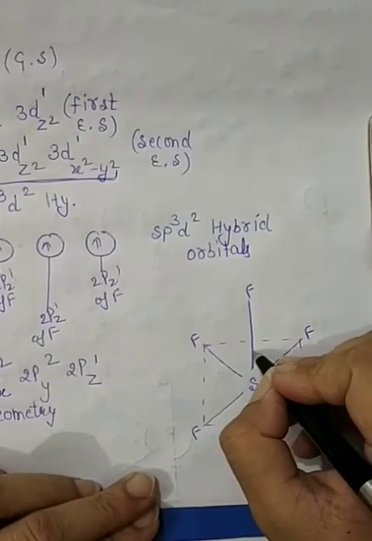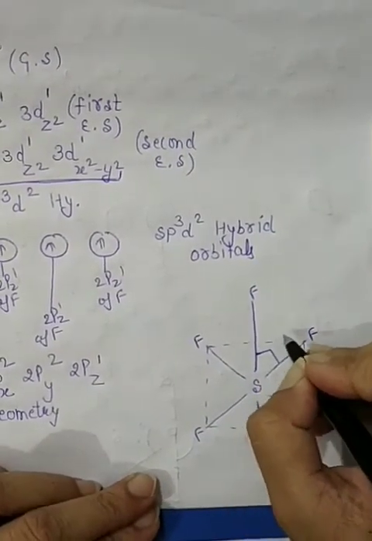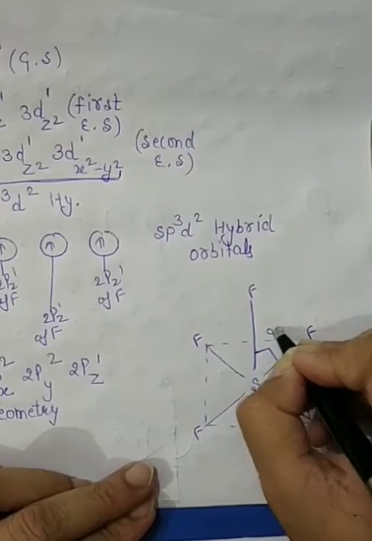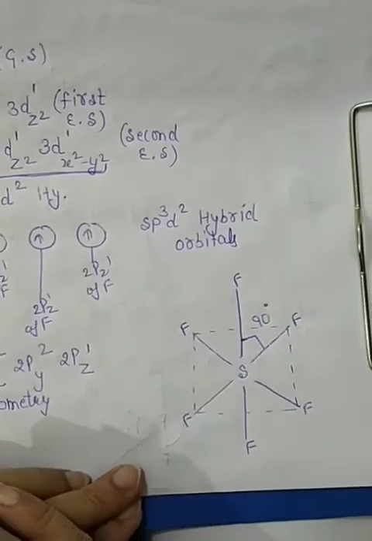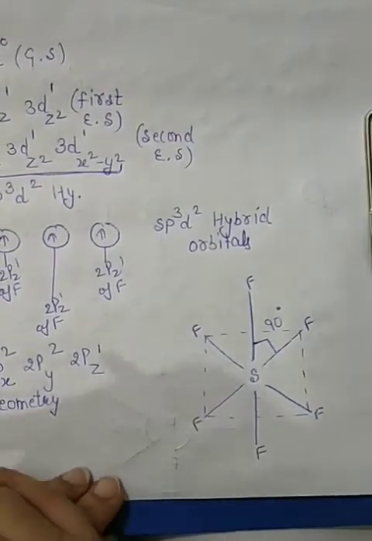And if we discuss the angle between two bonds, then it becomes 90 degrees.